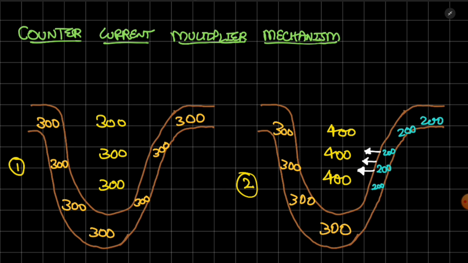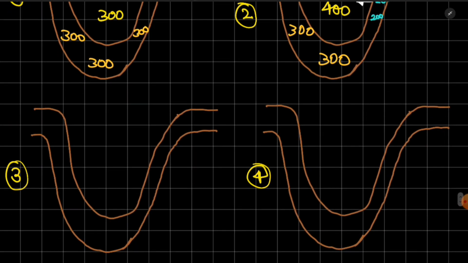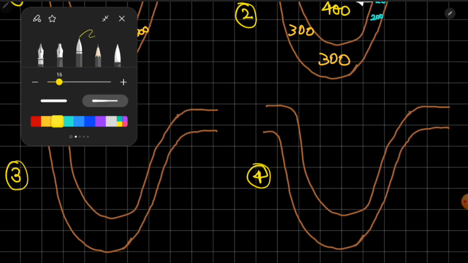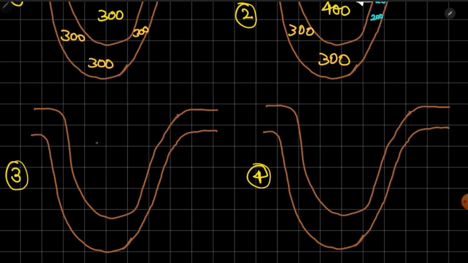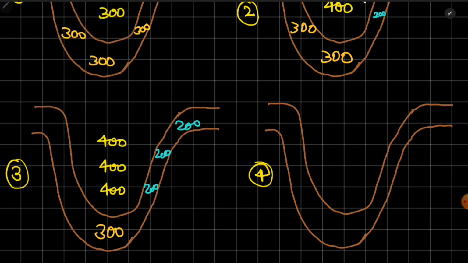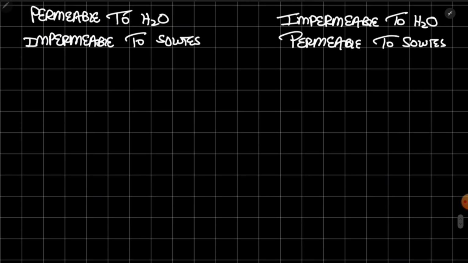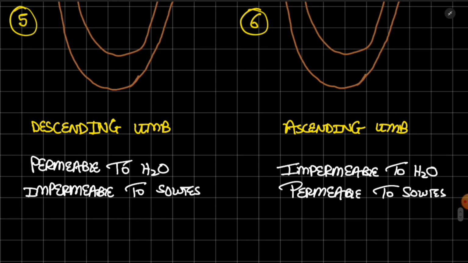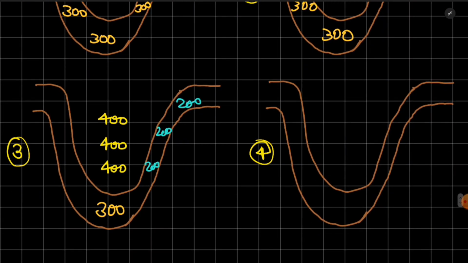Now coming to the third figure. What happens here? We have the osmolarity like 400, 400, 400, and here it is 200, 200, 200, and somewhere here it is like 300. We have studied that the descending limb is permeable to H2O and impermeable to solutes, so the descending limb removes water.